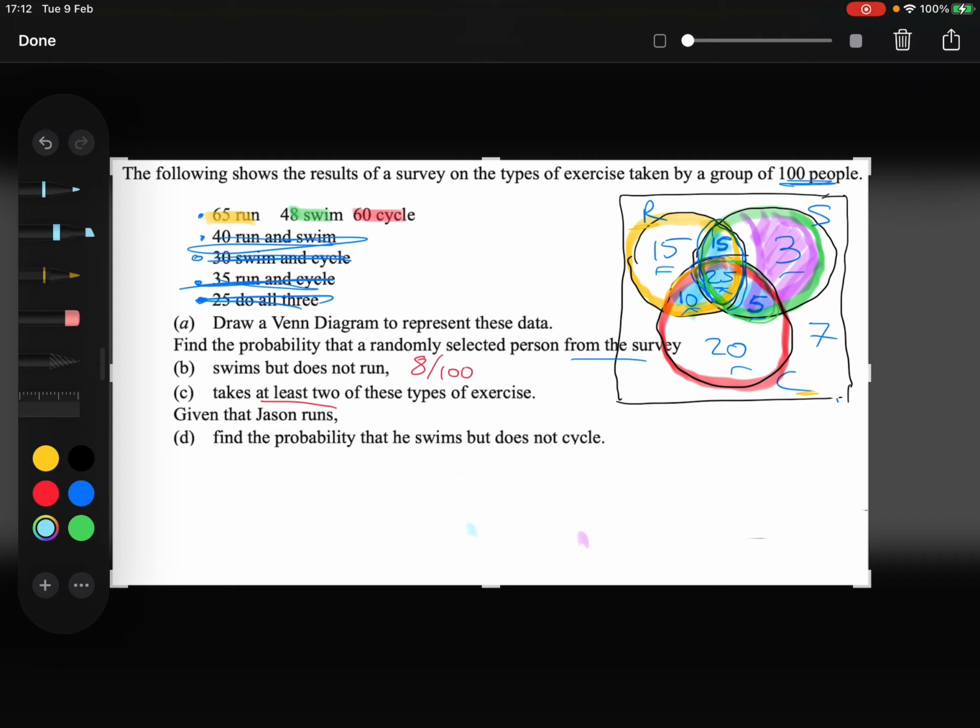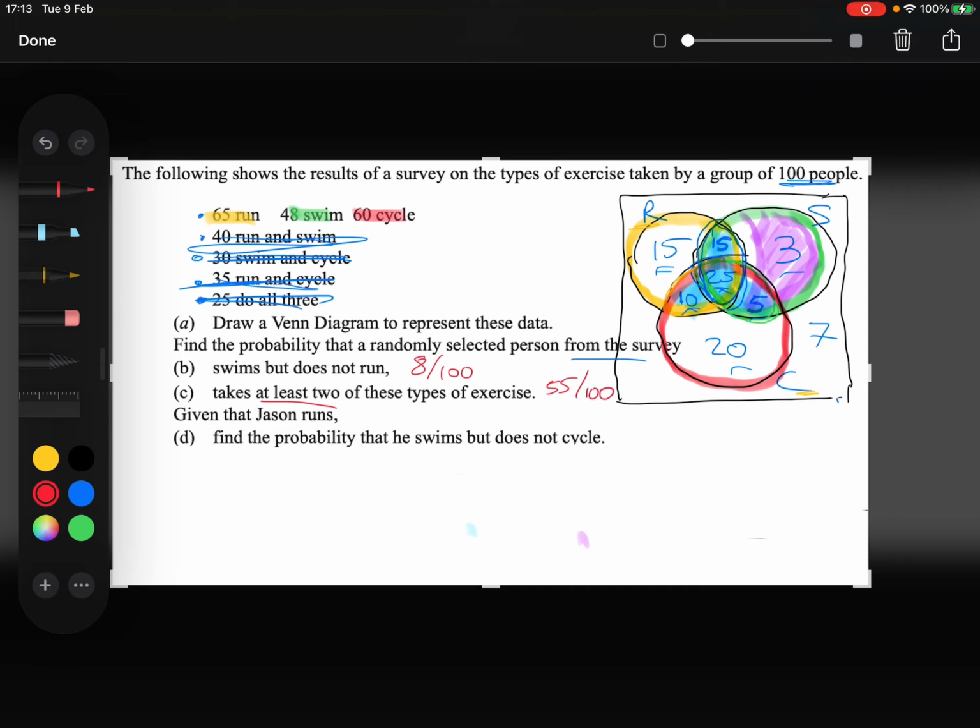So if I add up all of these numbers on the inside here, because they are 2 or more, then I find that there are 55 people inside there out of 100.